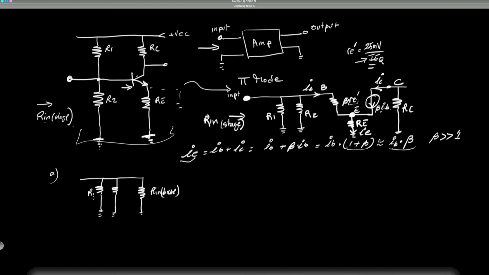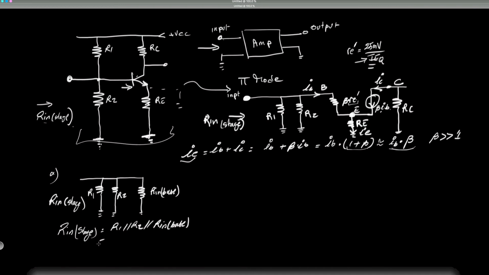And then we have R1, R2, and Rn base. The stage sees all these 3 as being in parallel. So Rn stage is going to be equal to R1 in parallel with R2 in parallel with Rn base.